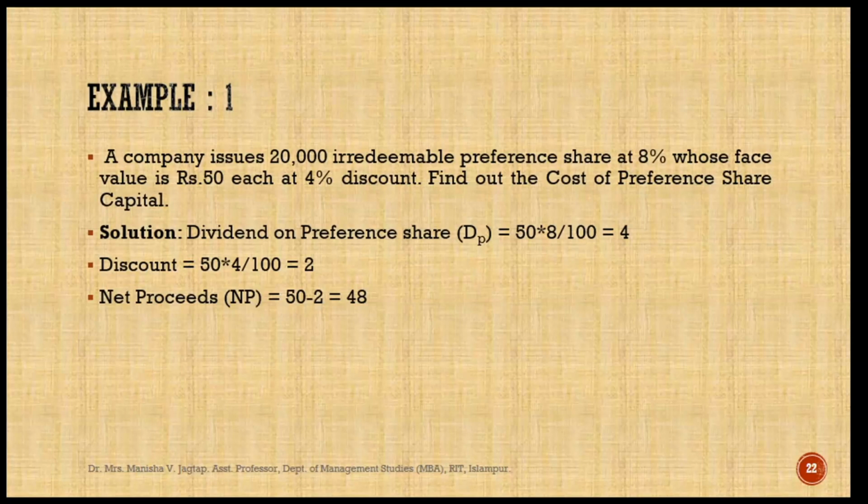So 50 minus 2 is equal to 48, which will be the net proceeds. Now applying the formula, 4 divided by 48 will give you the cost of irredeemable preference share, which is 8.33%. So this is the formula which will help us to know the cost of irredeemable preference share.